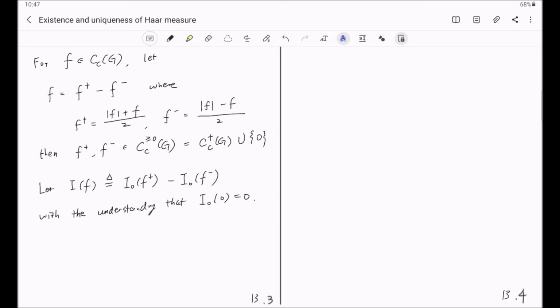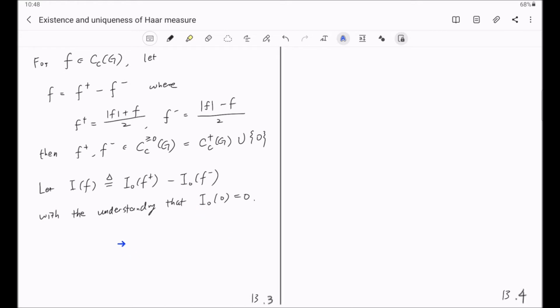And keep in mind, if f itself is already a non-negative function, then f is equal to f plus, and therefore I will be equal to I0. So I is really a generalization of I0 to all functions in C_c(G).